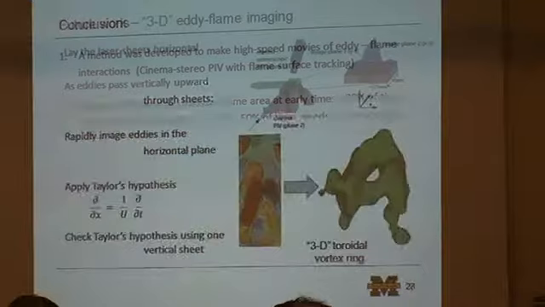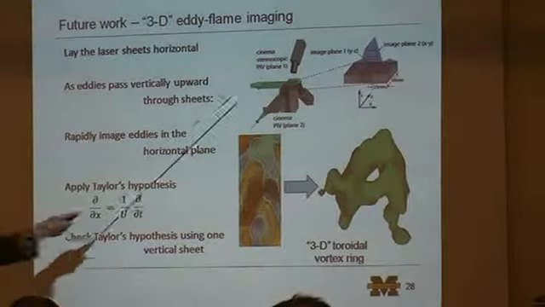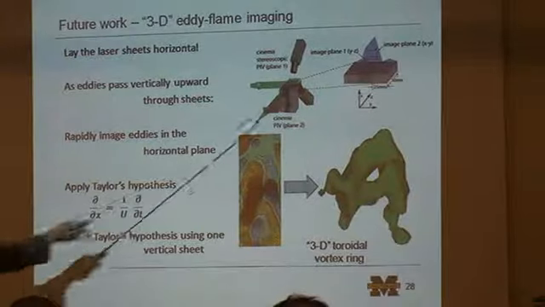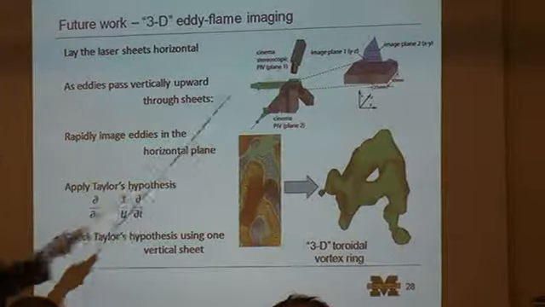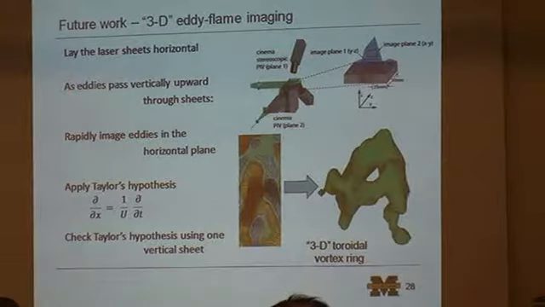And the last thing I'll say is that what we're doing now is we take this laser sheet and we lay it horizontal, and then these eddies come up through it, and we're attempting to make a three-dimensional measurement. So if we have a spherical eddy and it comes up through the sheet, you will first see a small circle, a big circle, and then a real big circle, and then a small circle, and a small circle, as this sphere goes up.